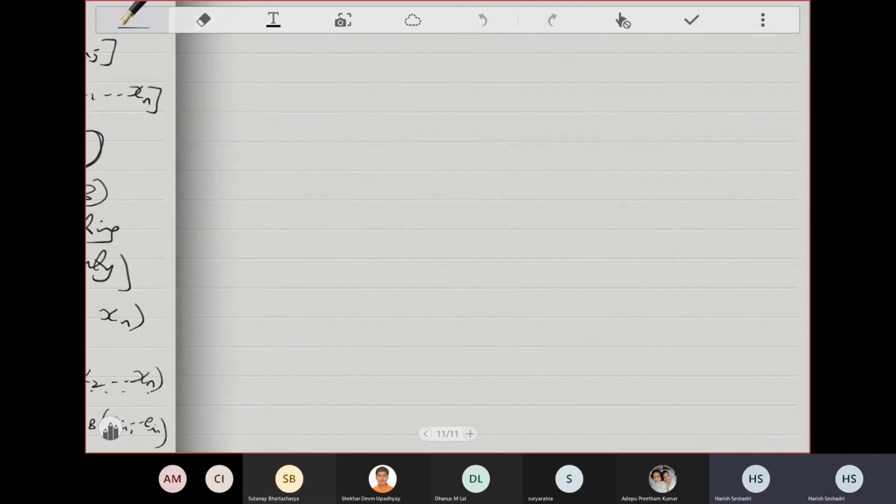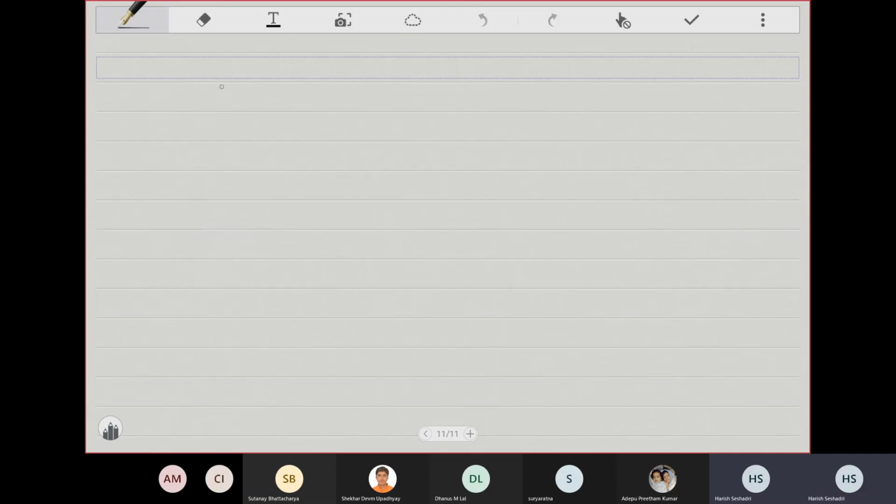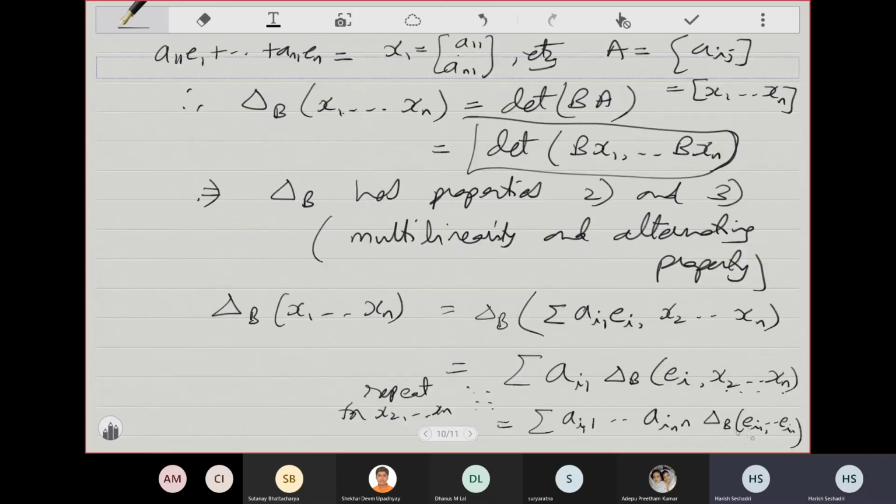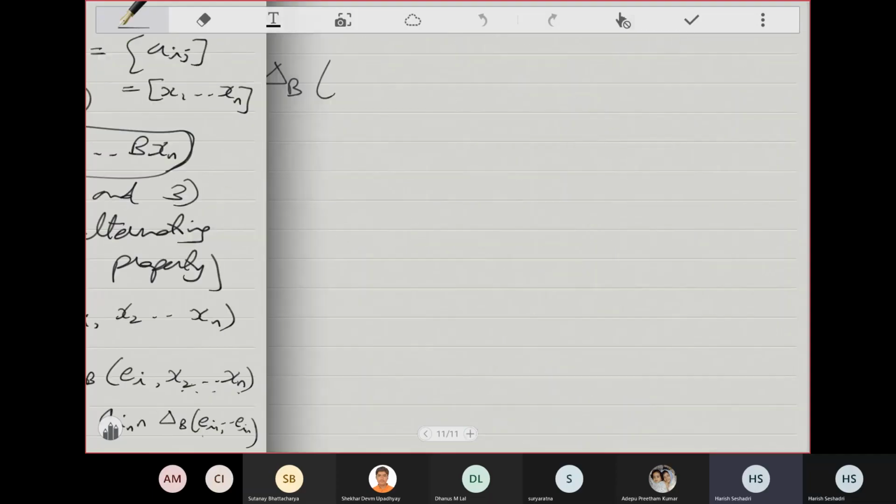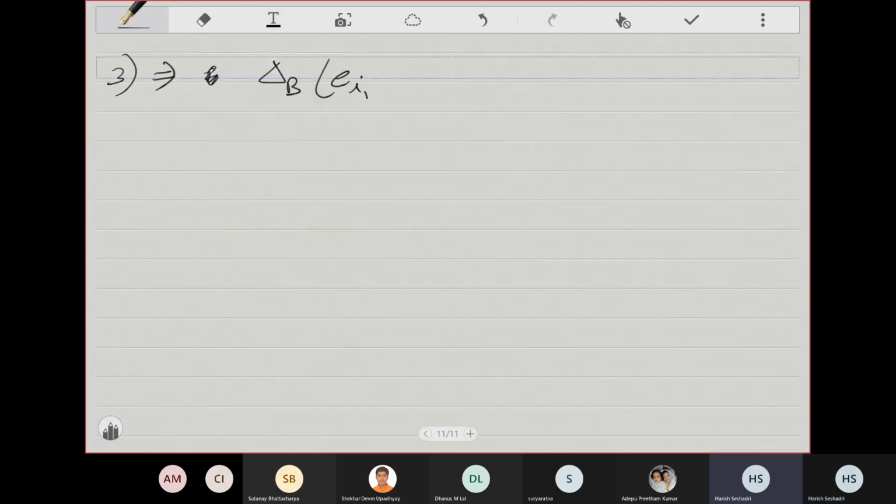Okay, so now the alternating property, which we have not used so far, will imply something when we look at all these terms, delta B of e_{i1}, ..., e_{in}.